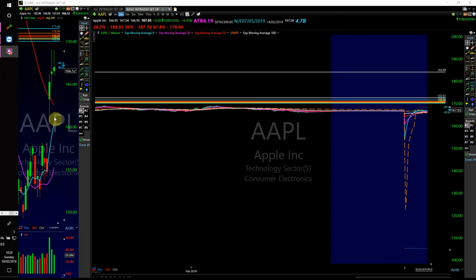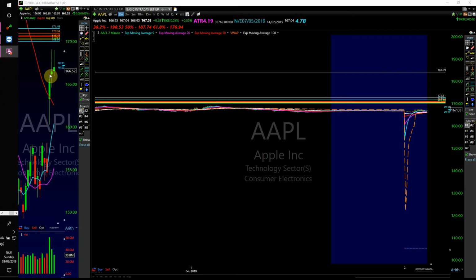It works really well, and if you can get your daily levels marked up, all you need to do is look for signs of weakness as it comes into these strong upper wick daily high day levels.